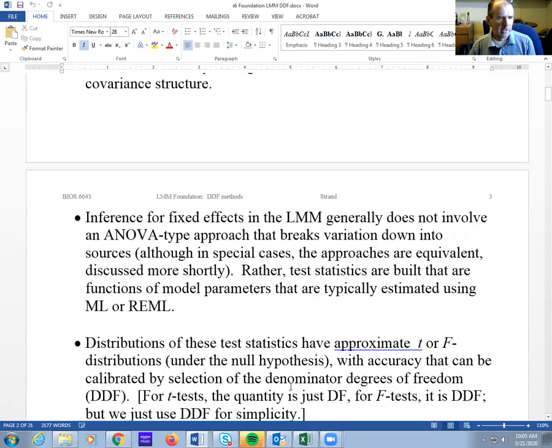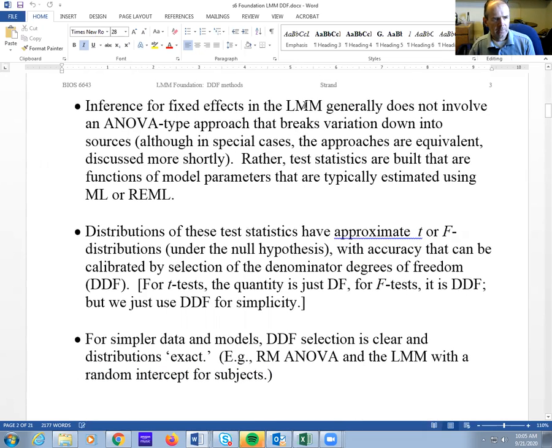Okay, but when we do inference in the linear mixed model, we generally don't make an ANOVA table. There are some special cases where we can show that they're equivalent. We've done that before with the simple random intercept model. But what we typically do is build test statistics that are functions of model parameters, and we estimate those parameters using maximum likelihood estimation or restricted maximum likelihood estimation.